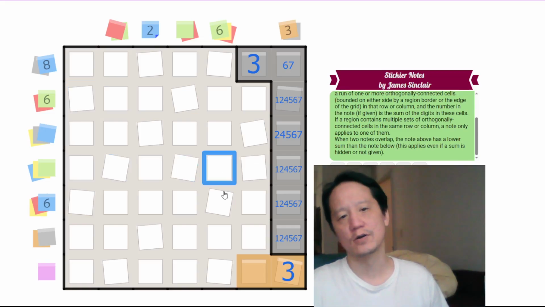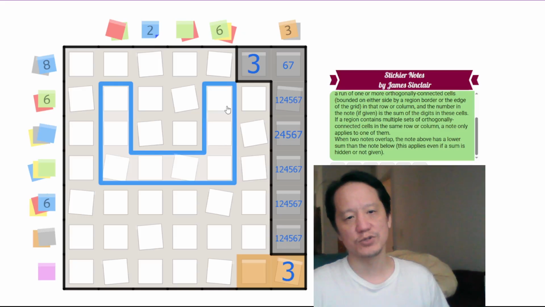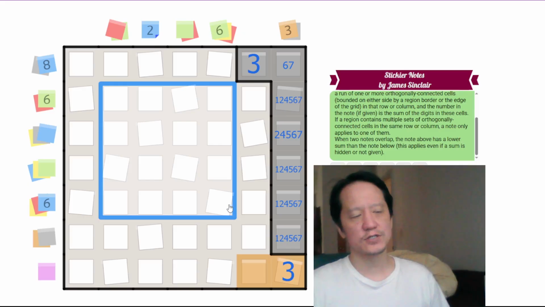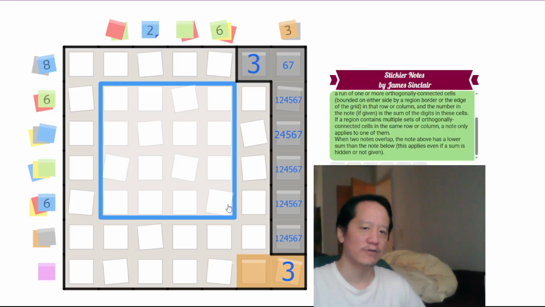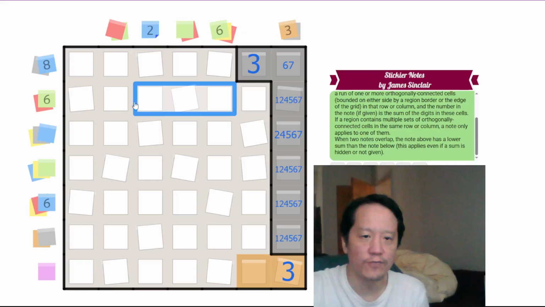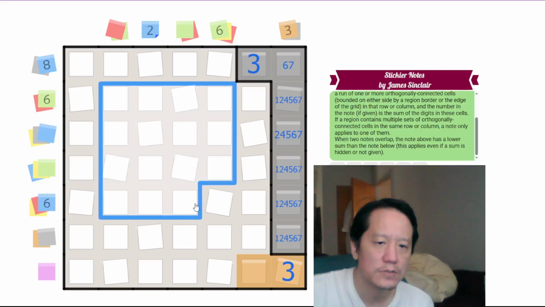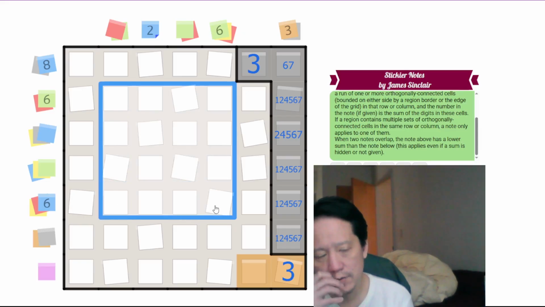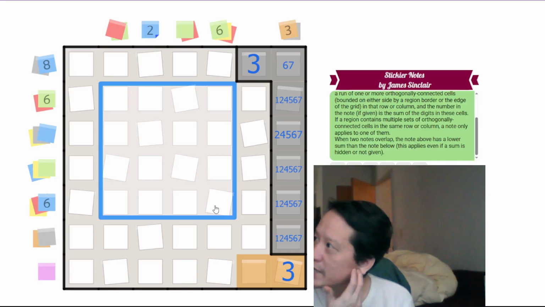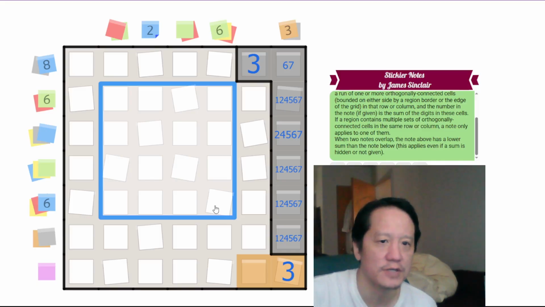Can't reach here. So it has to have 6 within this box, which means that's 13 cells accounted for in this 4x4 box. So blue cannot have more than 3 cells in this box.